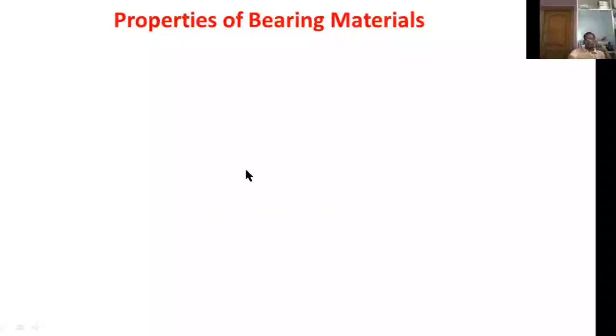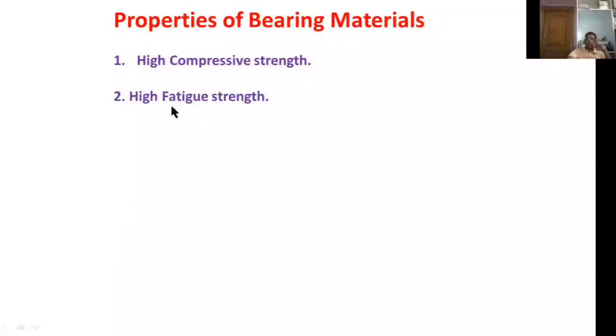Now coming to the properties of bearing materials. For selecting a good bearing material, the following properties should be satisfied. Bearing metals should have high compressive strength, high fatigue strength, and good conformability.